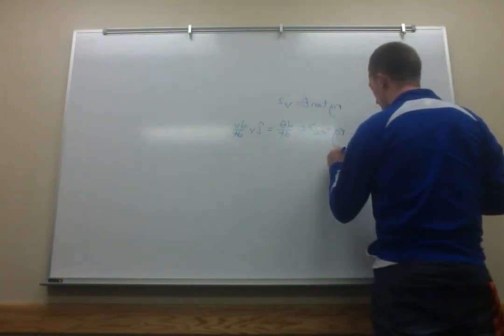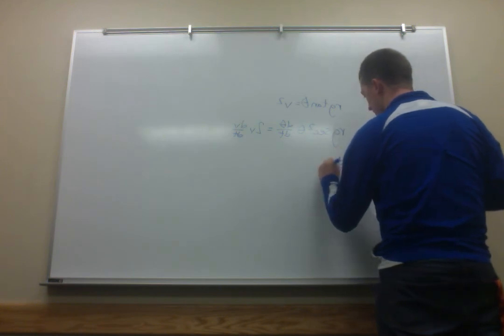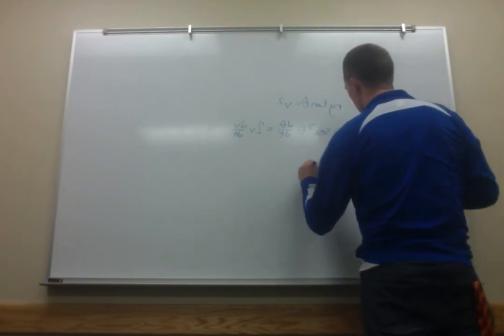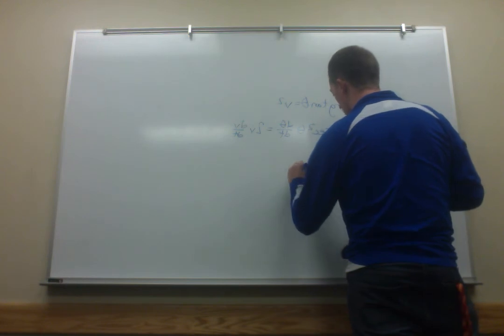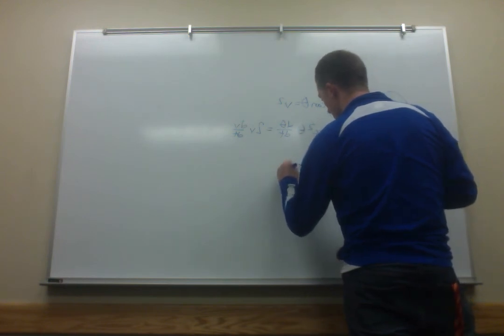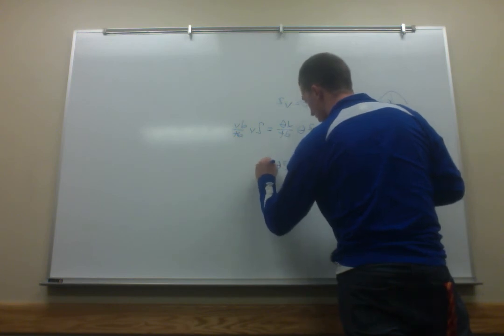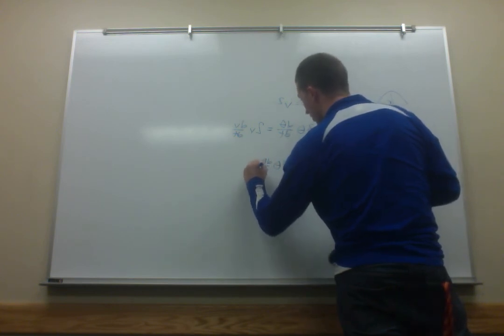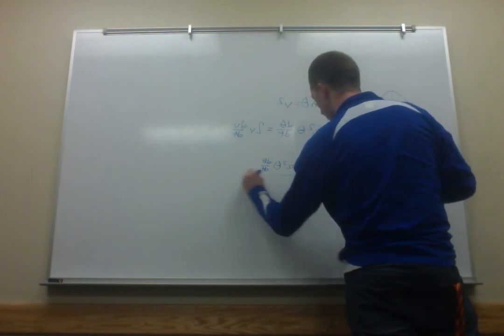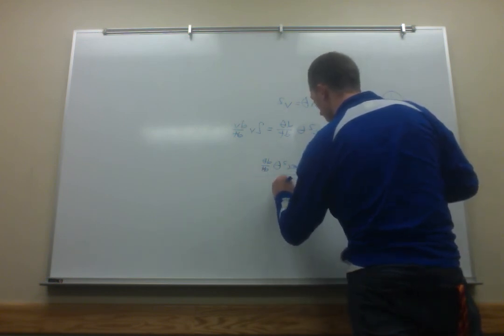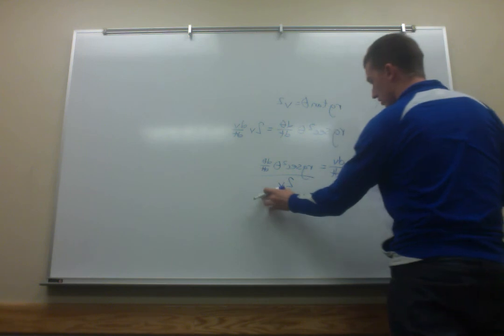So then you would get dv over dt is equal to Rg secant squared theta d theta over dt, all over 2v, right?